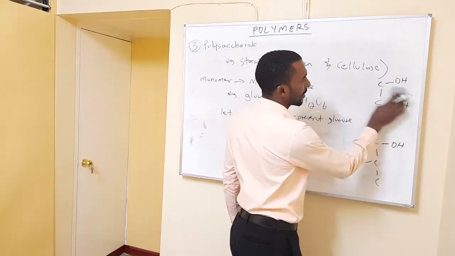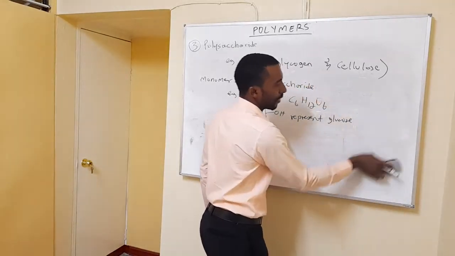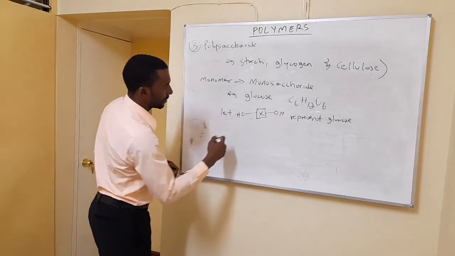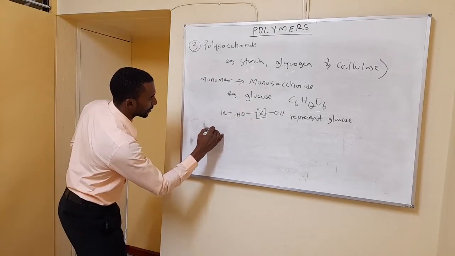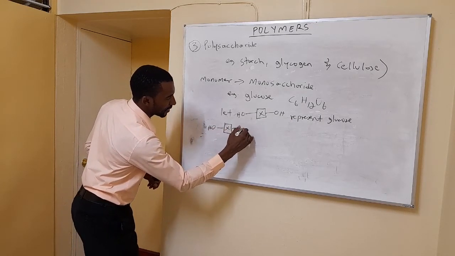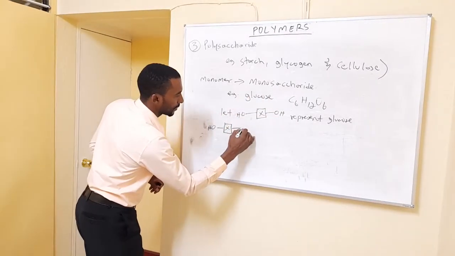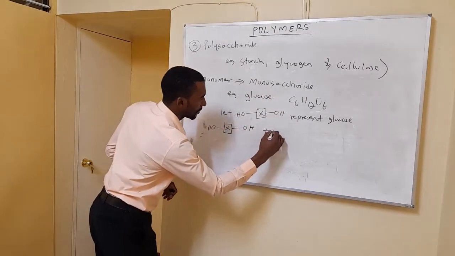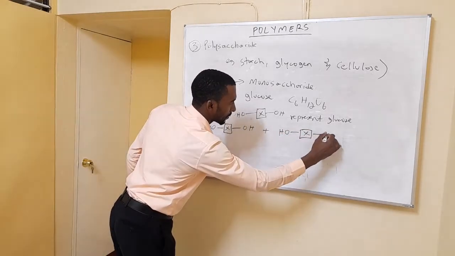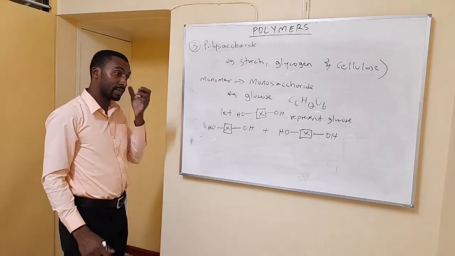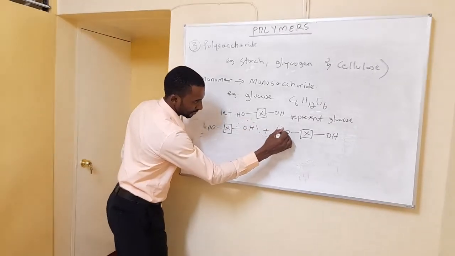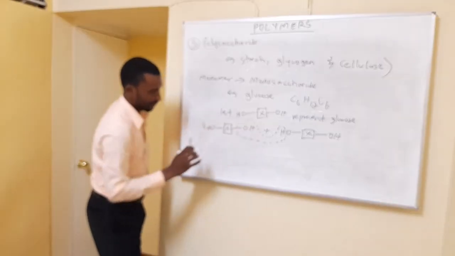Polysaccharides are molecules which have lots of alcohol groups on them. So in the exam, instead of writing out everything, we say let this represent glucose. In reality, in the exam, they just want to know that you know it's a condensation, that water is formed, and what you remove.